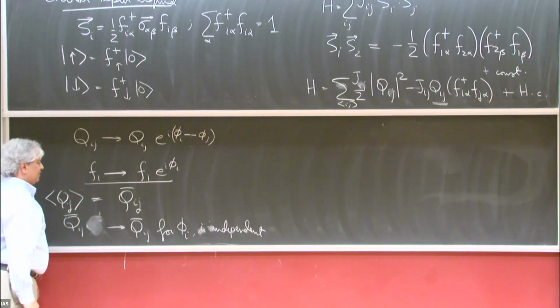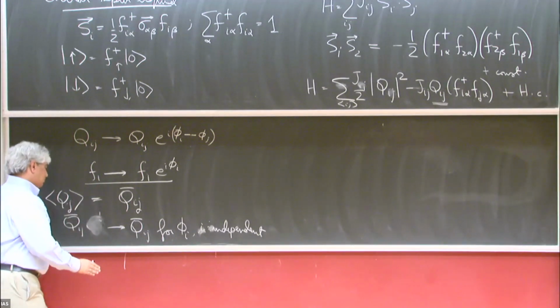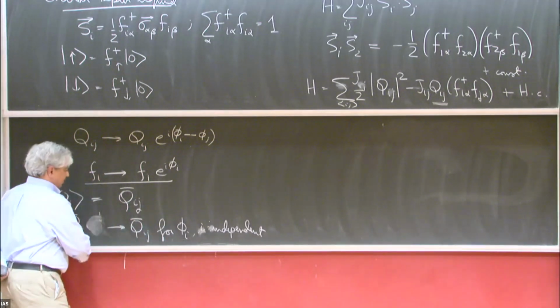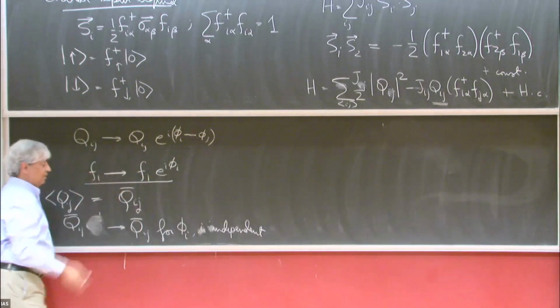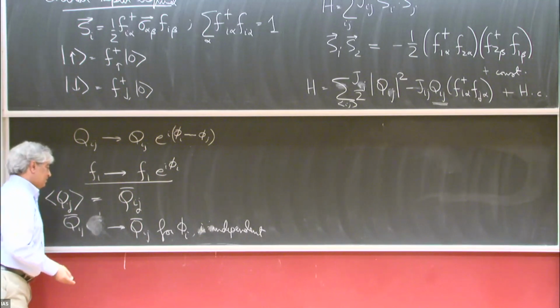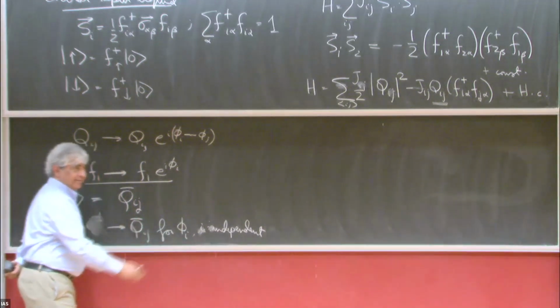Now, what's the argument that this saddle point has a U1 gauge field? Well, the point is the following. If I do a uniform gauge transformation, then the Q bar doesn't change because of this minus sign, no matter what lattice I'm on. So let me make a slow gauge transformation. Under a slow gauge transformation, Q bar will change with the gradients of phi.